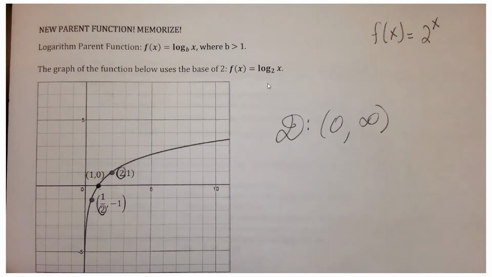So what we're going to do next is perform some transformations on this parent function. We've done transformations before, and this is the exact same thing. We're just going to now do it with this new parent function and these new points.